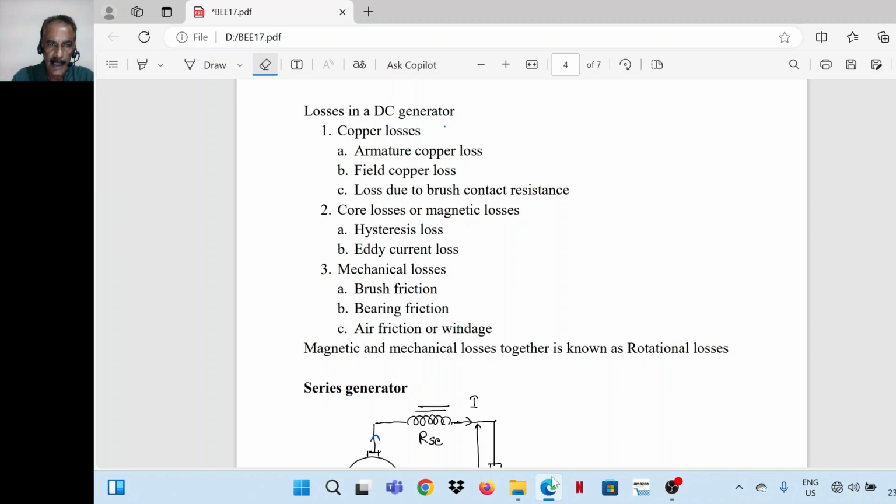Then core losses are hysteresis and eddy current losses. Mechanical losses are brush friction, bearing friction, and windage. Core losses or magnetic losses and mechanical losses put together are called the rotational losses. So these are the total losses happening in the DC generator.